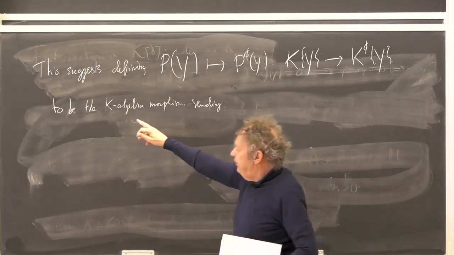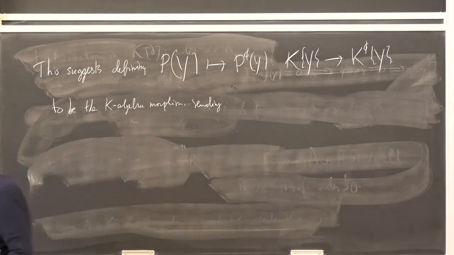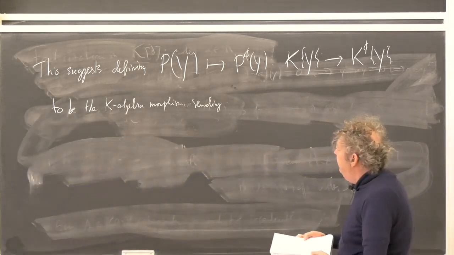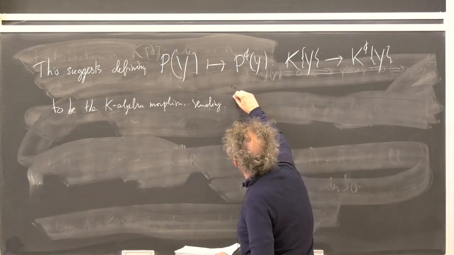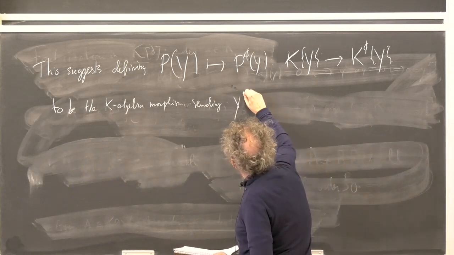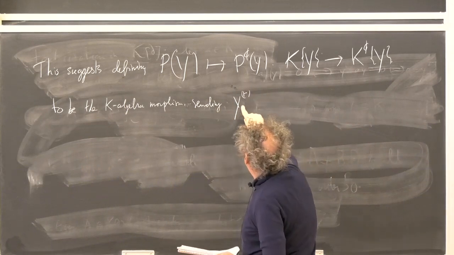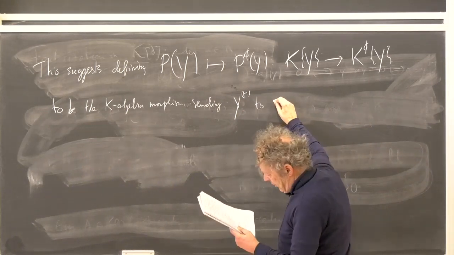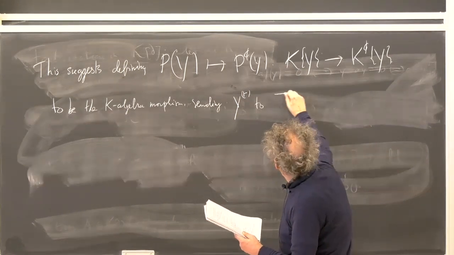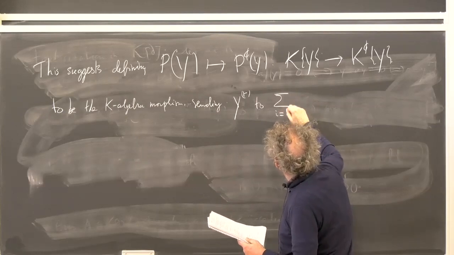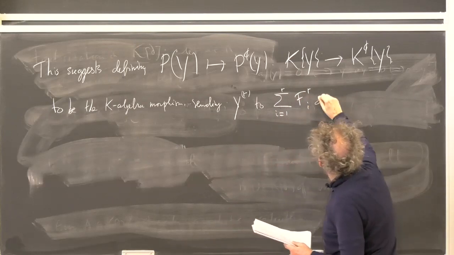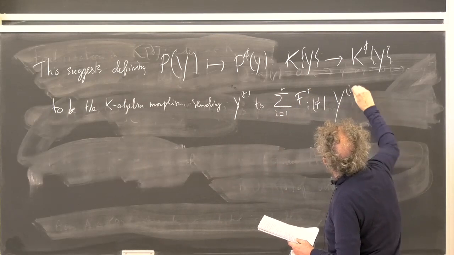Of course we want to make this a K-algebra homomorphism. Sums go to sums, products go to products, and the elements of K should go to themselves. It's completely determined by saying where Y_R should go. So sending Y_R to the sum for I equals 1 to R of F_{R,I}(phi) y_I.